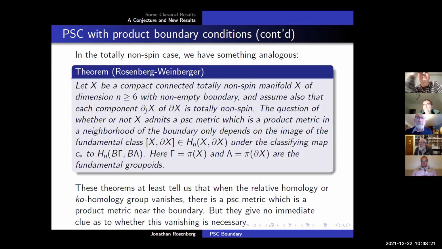As I said, to reiterate, the main technique for constructing a boundary with positive mean curvature is to first construct a different manifold whose boundary has product type boundary conditions by changing the boundary a bit and using this theorem. And then you go back from that modified manifold to the original manifold by doing surgeries, and you apply the Lawson-Michelsohn surgery theorem.